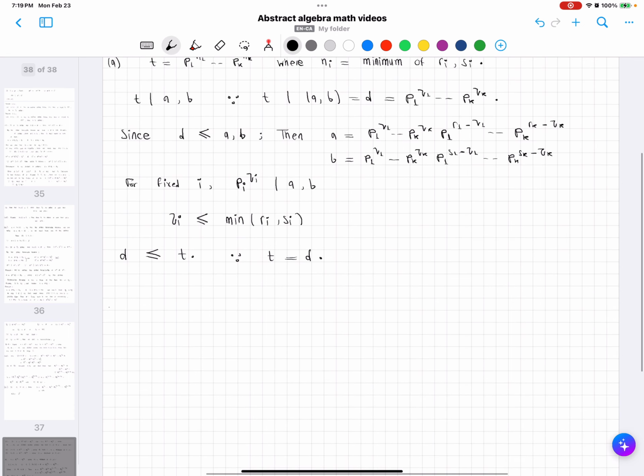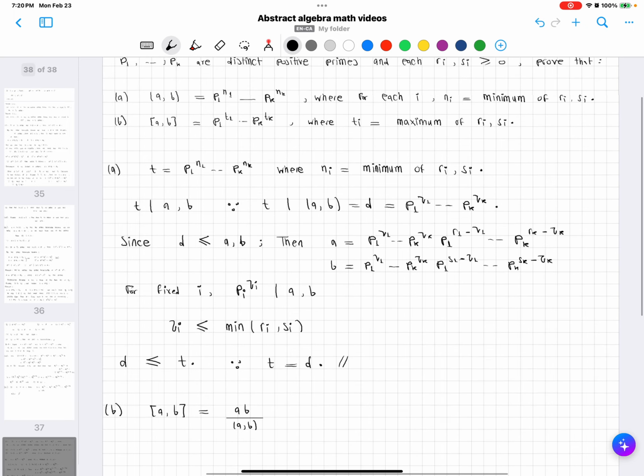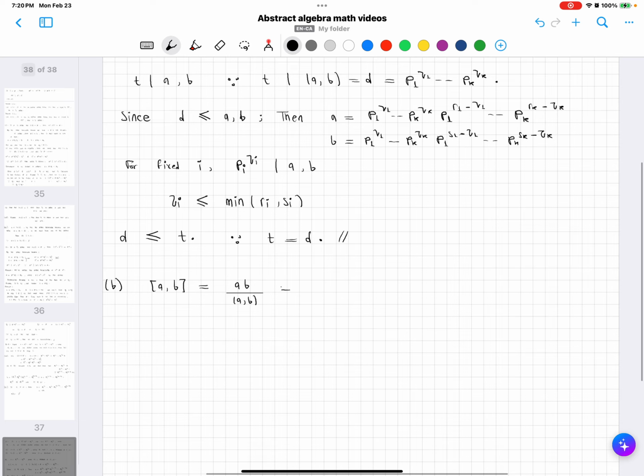So what we could do for part B, since we're done with part A, is that the LCM of A and B is equal to A multiplied by B divided by the GCD of A and B. Then we have here P1 to the R1 plus S1 up to Pk to the Rk plus Sk, divided by P1 to the N1 up to Pk to the Nk.